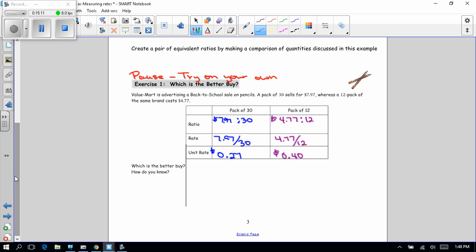The 30 pack or the 12 pack? I'm going to say the pack of 30 was the better buy per pencil.